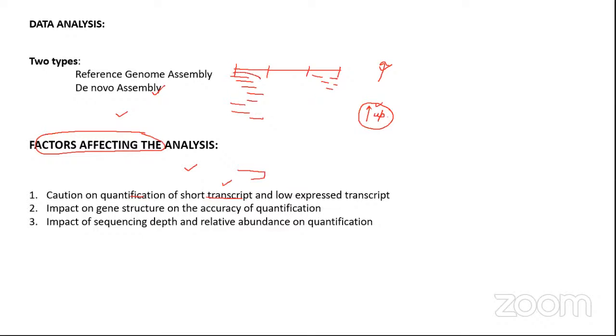Definitely I will see that this is highly expressed and this is low expressed. By looking at this grossly, anyone can tell this. So to avoid all these kinds of errors, we have to normalize our data before we do the exact quantification. There are different methods by which we can normalize our data. We will see that.